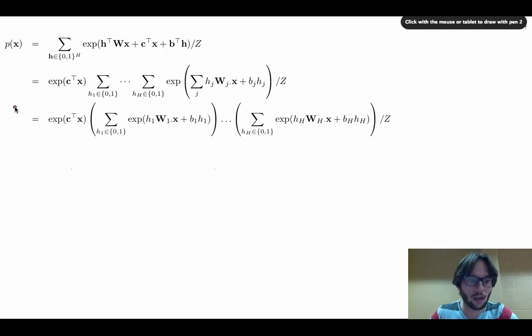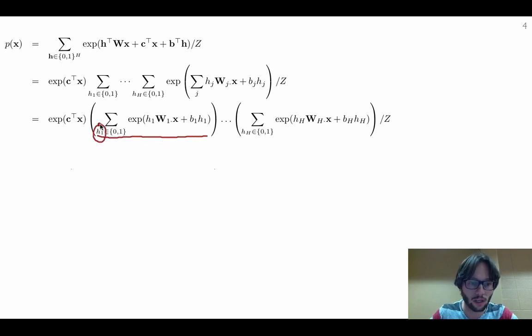Then I'm using the same step that I used in the derivation of the conditional distribution, that essentially this is the exponential of a sum, so that's the product of the exponentiated values for these terms here. And so in this product of terms, each factor only depends on one hidden unit, which means that these nested sums can now become a product of individual sums over each individual hidden unit.